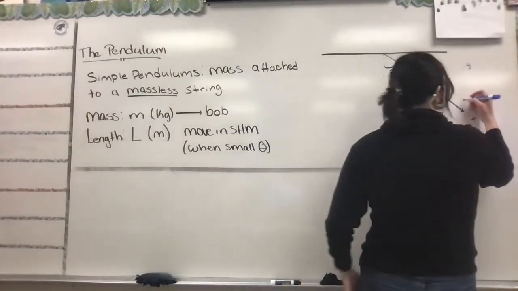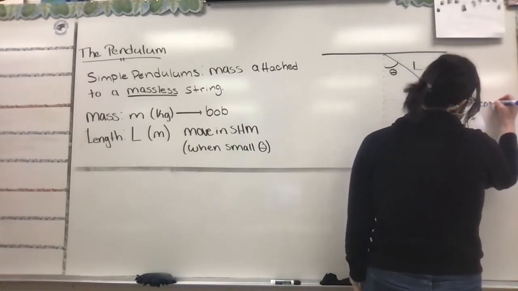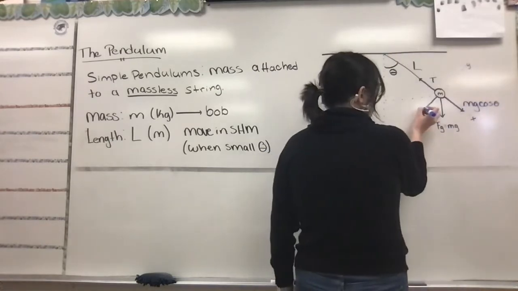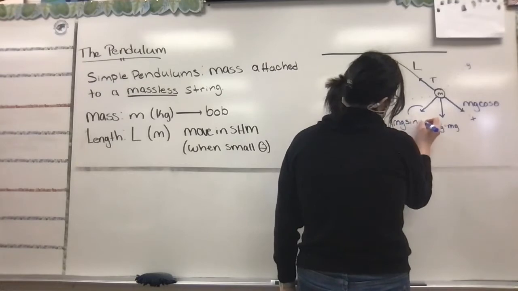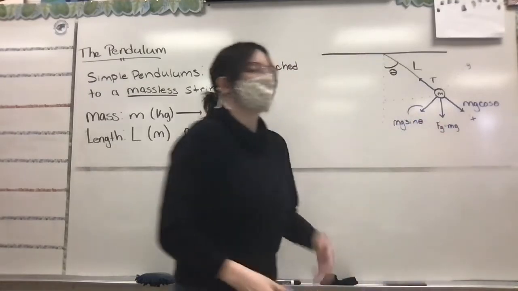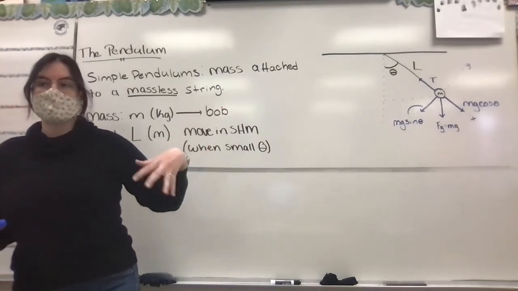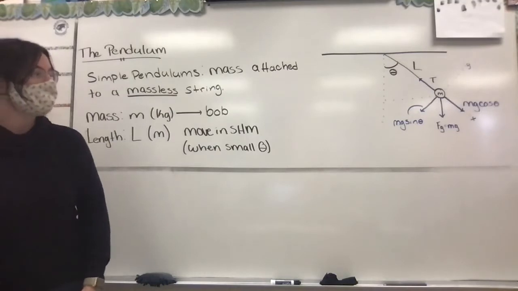The x component of gravity is going to be mg cosine theta, and the y component is going to be mg sine theta. So you guys get to keep with that nice little thing where x is cosine and y is sine. And that's one of the reasons I like to tilt my axis like this, okay?